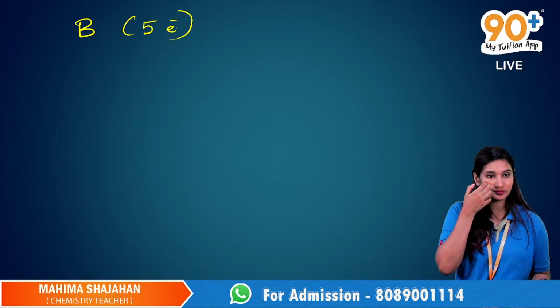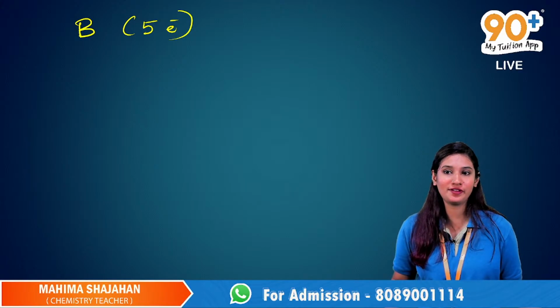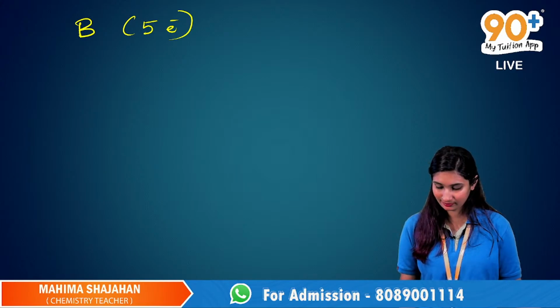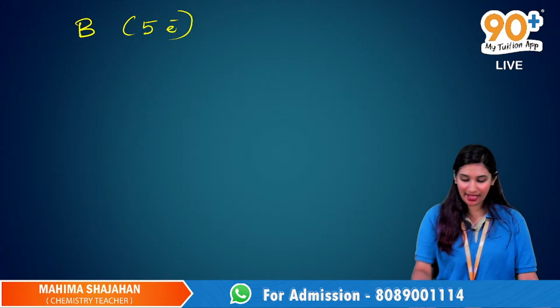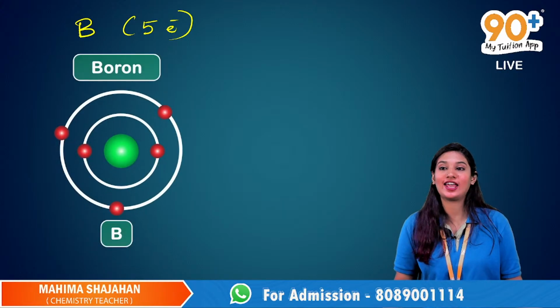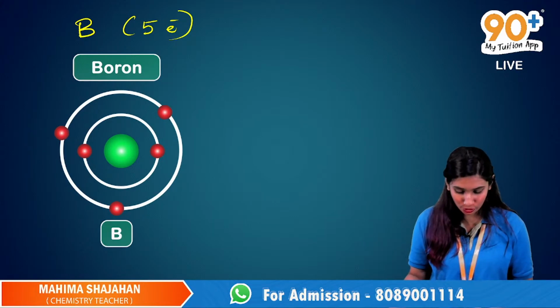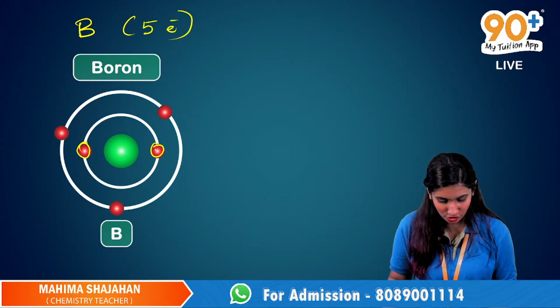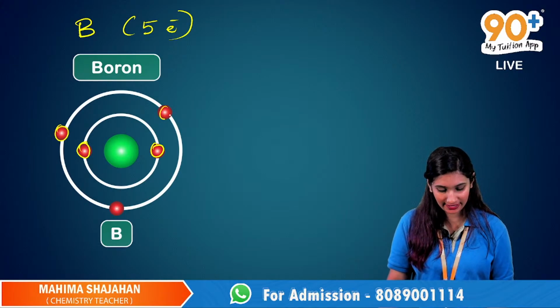Boron has got 5 electrons. Now, how will you draw the structure? Yes, it is like this, right? The first 2 electrons will go towards the first shell and the remaining 3 will go in the second shell.